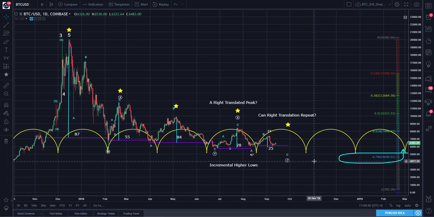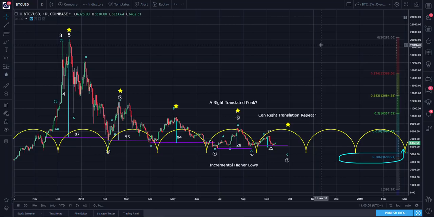Again, no one would want this more than me. But my primary count remains the same until price well exceeds decisively the 8,600 level, at which point my primary count will become invalidated and the alternate count will become the new primary count.